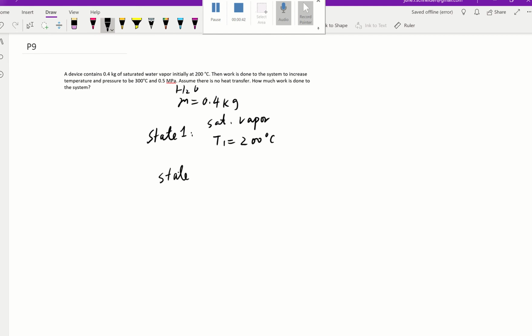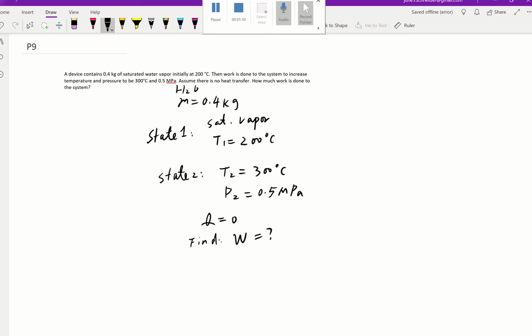State 2: temperature T2 is 300 degrees Celsius, and pressure now is 0.5 megapascal. Since there's no heat transfer, Q is equal to 0, and we need to find how much work is done to the system.